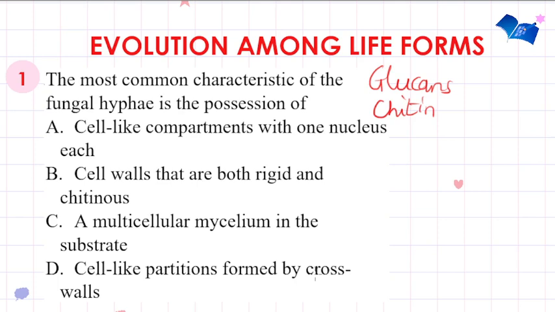So it's rigid and it's also chitinous. So I'll pick this as my answer, but I will not ignore the other options. A multicellular mycelium in the substrate. Basically, the substrate is where this fungus gets its nutrients from.